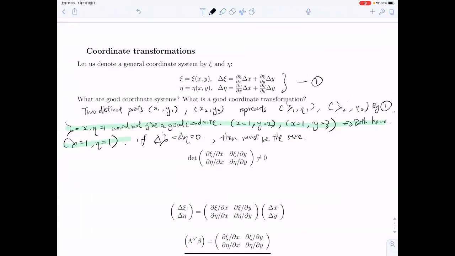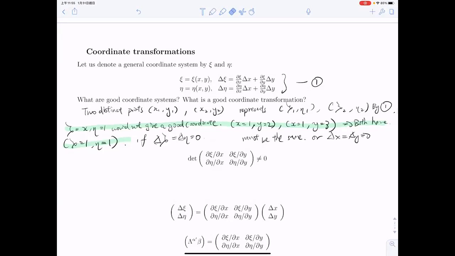If delta xi equals delta eta equals 0, the points must be the same, or delta x equals delta y equals 0. Easy. You just plug into this equation: both delta x and delta y equal 0, so the two points must be the same.